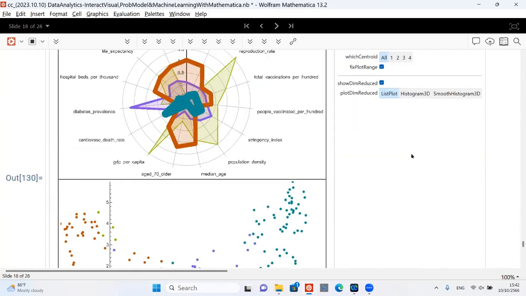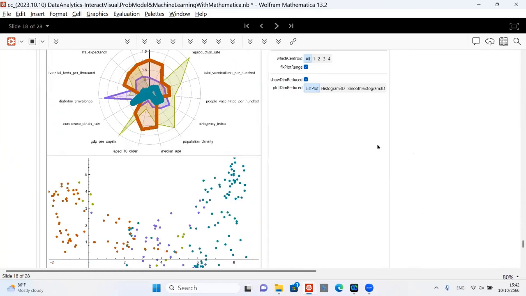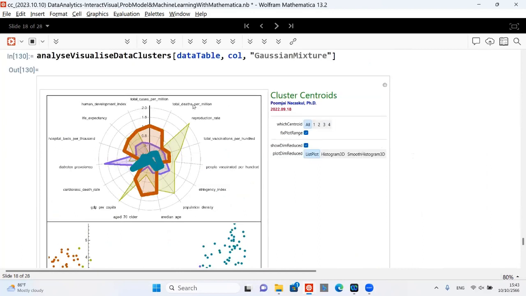this. Okay. Now, this is the end picture. The end picture looks something like this. Based on total deaths per million, reproduction rate, that's the rate of reproduction of the disease, vaccination rate, some other rate, population density.